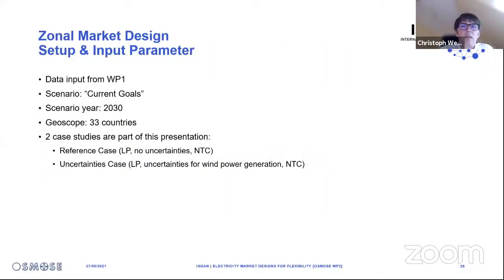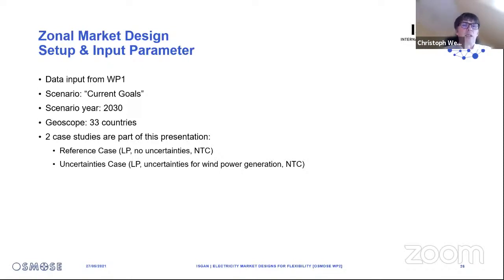And now we move on to what we have done specifically here in OSMOSE and are still continuing to do. What we will present in the following are preliminary results based on outcomes from work package 1, which models the investments for future energy systems.